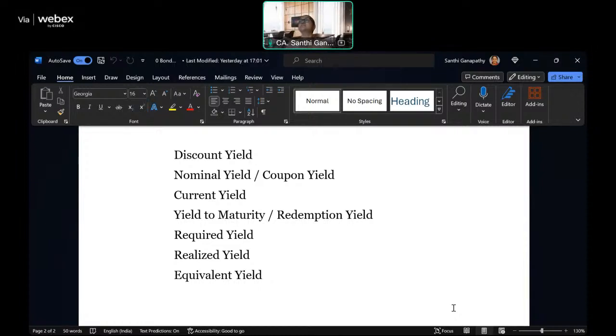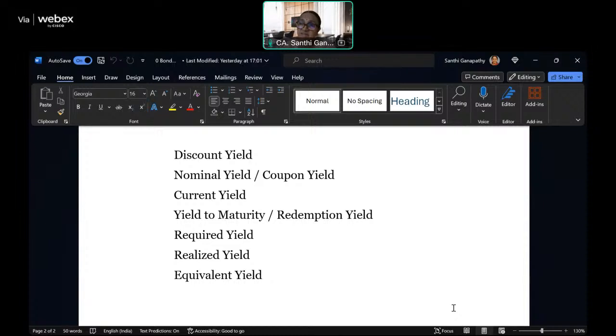Now, we are interested in finding yield on investment. Yield on investment means yield is return. Investment is what you are investing now. The yield or the return is made up of two components, the regular income and the capital appreciation. Now, if you look at nominal yield, we take only the annual interest.